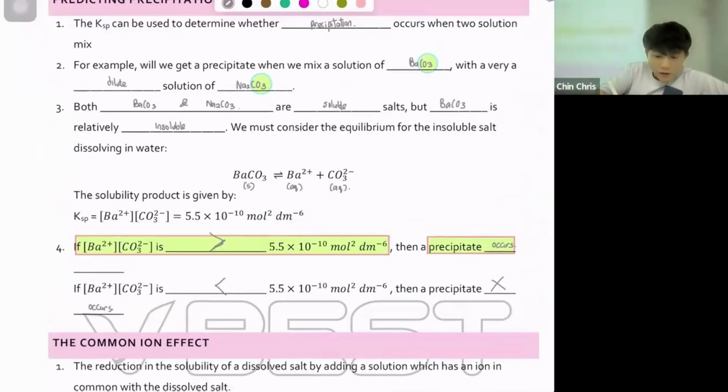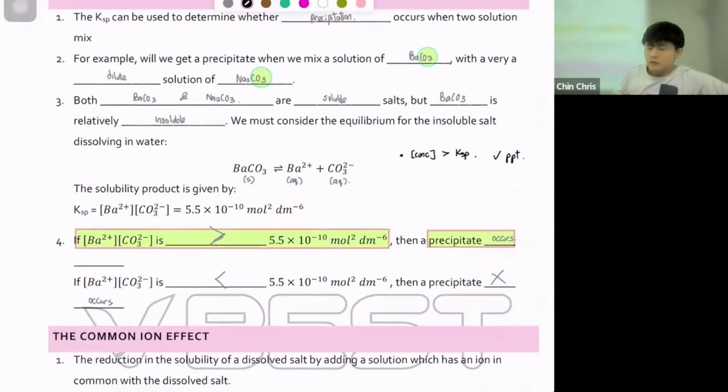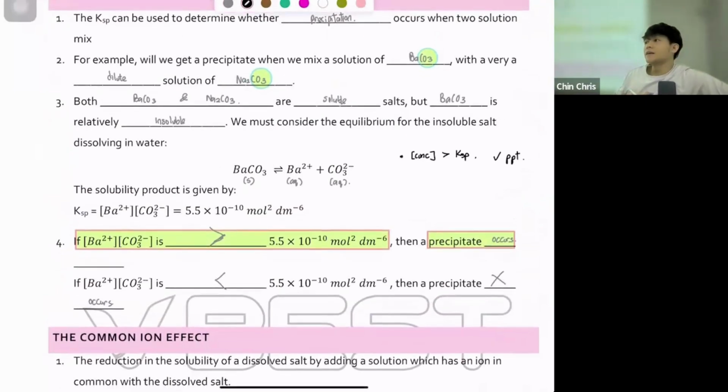To summarize, if the concentration product is greater than Ksp, is there any precipitate? Yes, a precipitate will form. Simple as that.